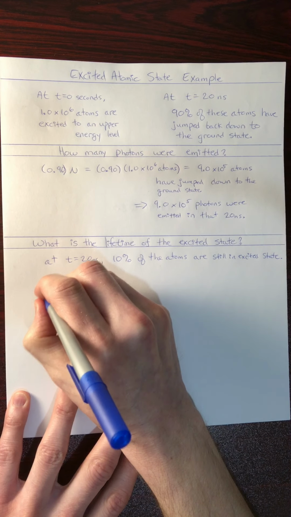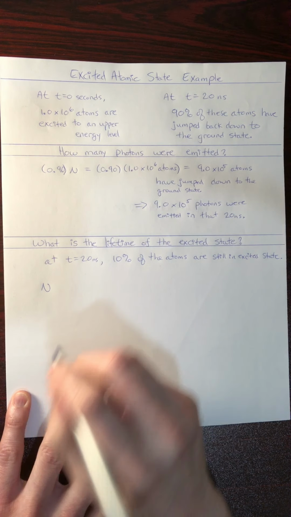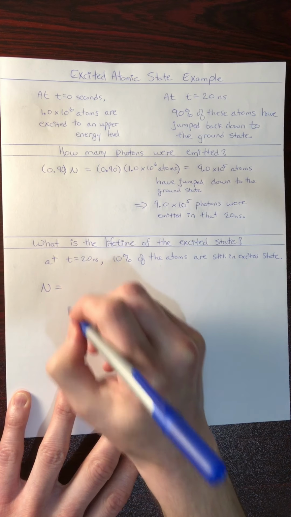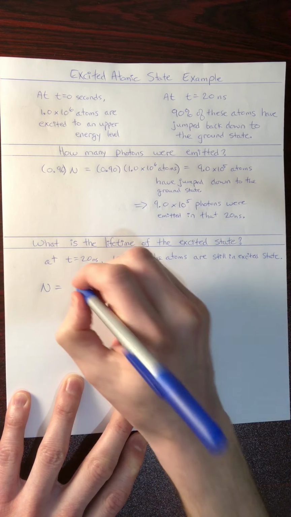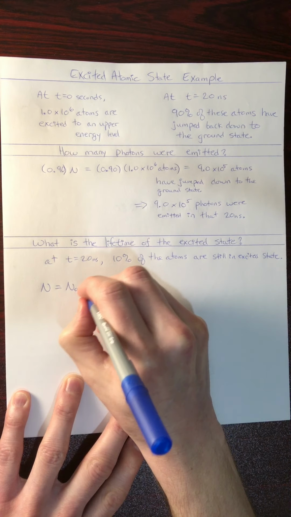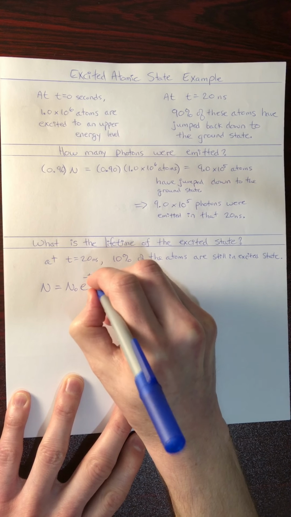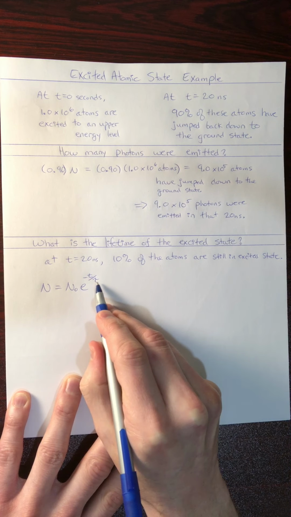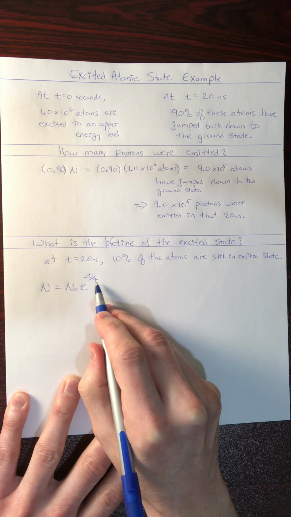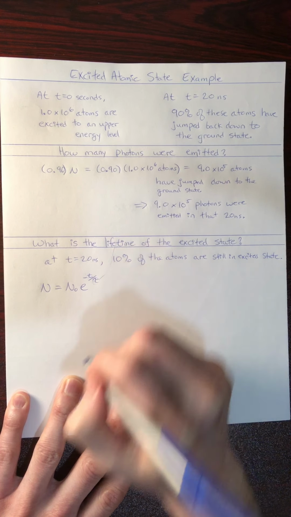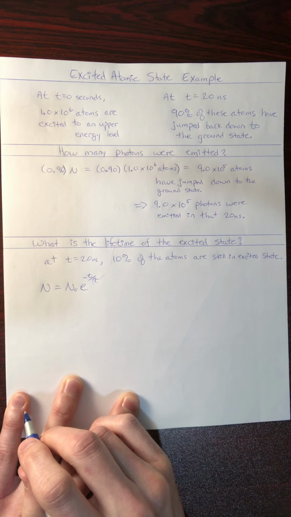So this 10 to the 5 atoms are remaining. So we'll set up our equation for these decay processes where we've got the number that are still in that excited state is equal to, well, how many did we start with, N naught. And we've got this exponential decay term here where we've got the time elapsed and we've got the tau value, the lifetime, giving us the time scale of this process. And that's what we're interested in, this tau term. Okay.